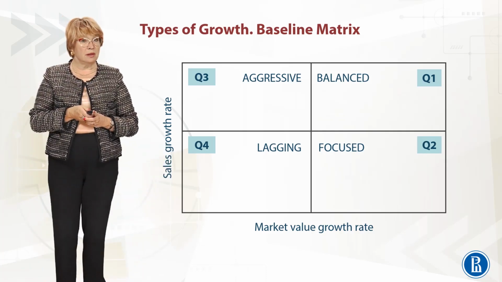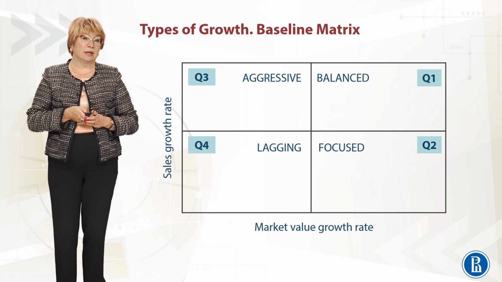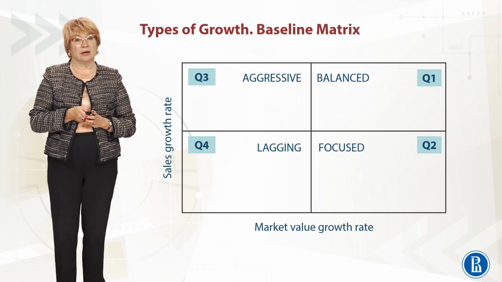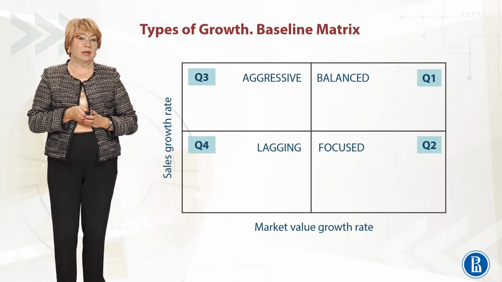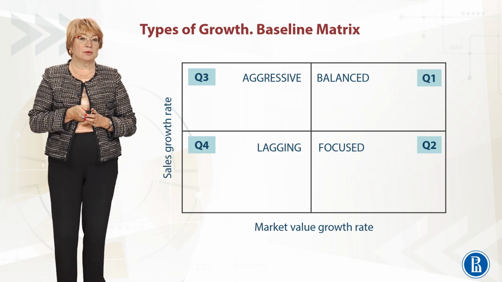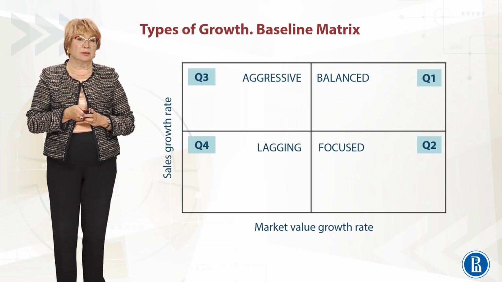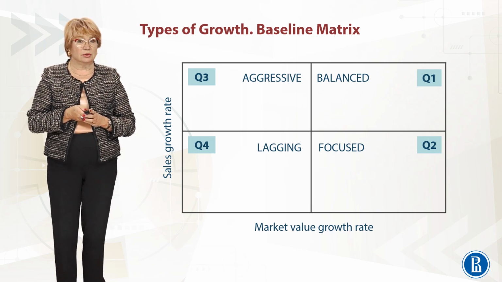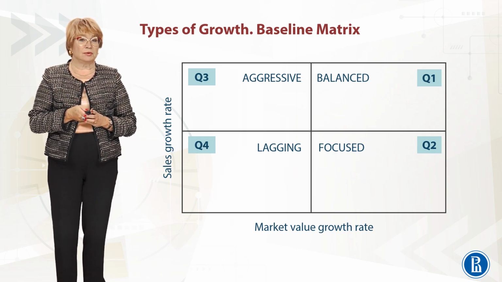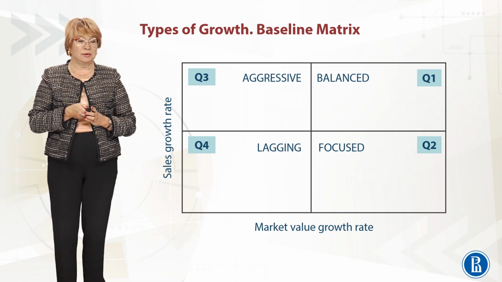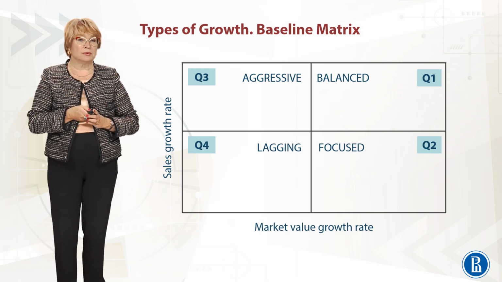The quadrant 3, which is Q3 here, includes the companies which could be called aggressive companies in terms of their very high dynamic in their product markets. They are expanding really fast and they are trying to compete and attract as many consumers as possible from different industries, different consumer segments, and so on.